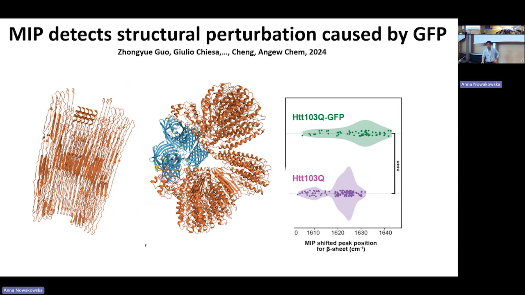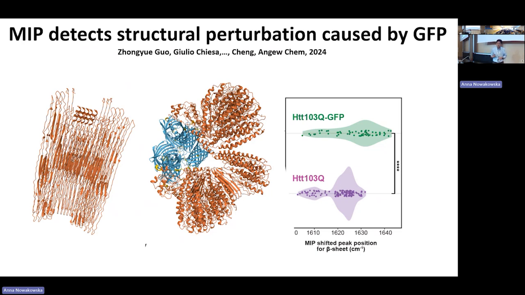The AlphaFold simulation shows that this is mCherry, but GFP will do the same thing because they have exactly the same structure. AlphaFold shows that the protein forms beautiful beta sheets, but when you conjugate it with mCherry or GFP, actually they change the protein structure. The beta sheet becomes alpha helix.